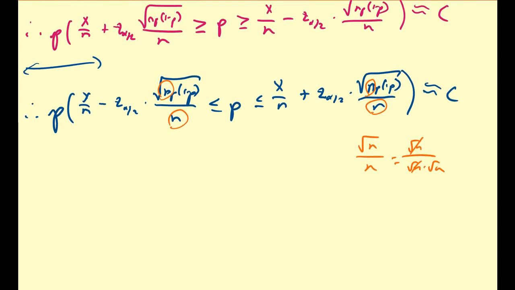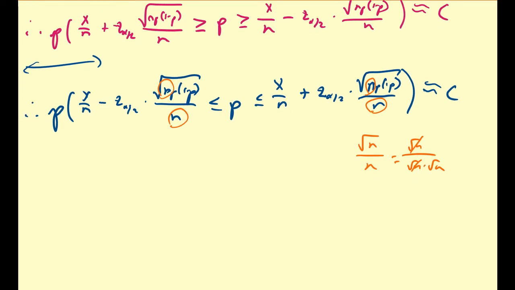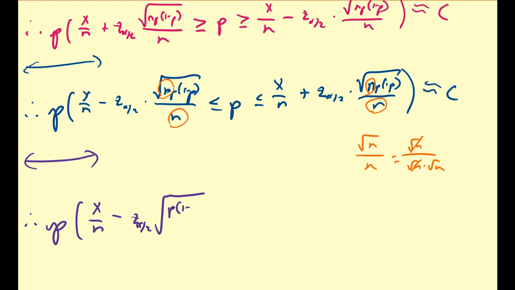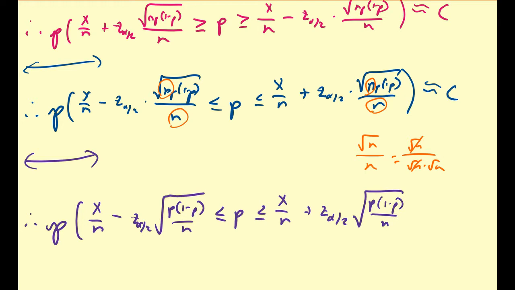That gives us a rearrangement that will be useful. We can write this as the probability that X over n minus z alpha over 2 times the square root of p(1 minus p) over n is less than or equal to p, less than or equal to X over n plus z alpha over 2 square root of p(1 minus p) over n, and this is approximately equal to c.